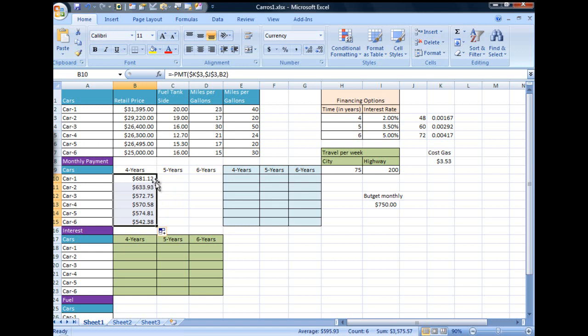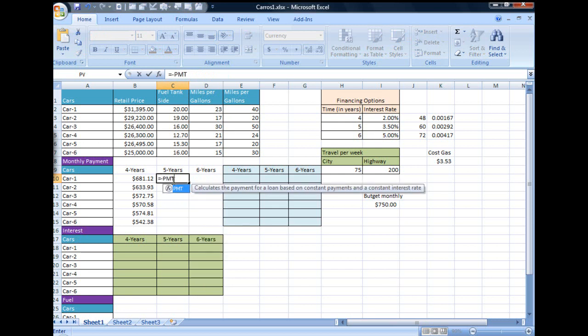Likewise, let me see if it's possible to work in this direction. No, it's not working in this direction. Okay, no problem, so we continue with the same formula. Equal sign, minus PMT, open parenthesis.